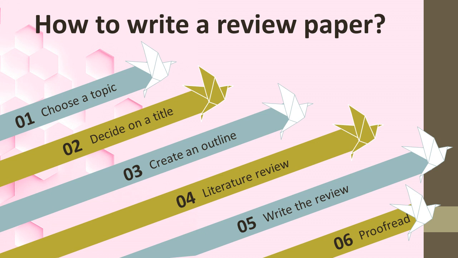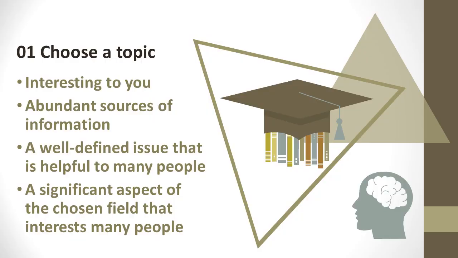Step 2. Decide on a title. Step 3. Create an outline. Step 4. Literature review. Step 5. Write the review. And Step 6. Proofread the review. Let me walk you through these steps one by one.